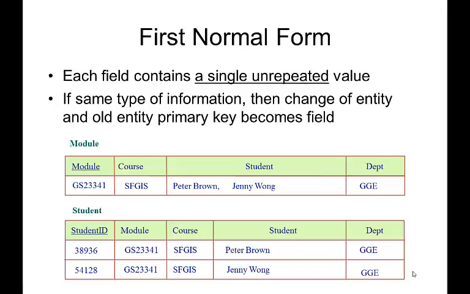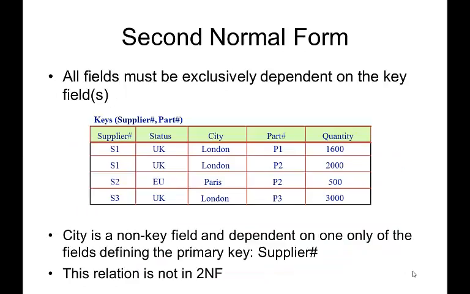The module code, which we originally thought was our primary field for our module table, becomes an attribute of the student table. Is that clear? Yep, it's relatively straightforward. We've got more than one student. Each student should have their own row. That's what we want. That's first normal form. Very straightforward.